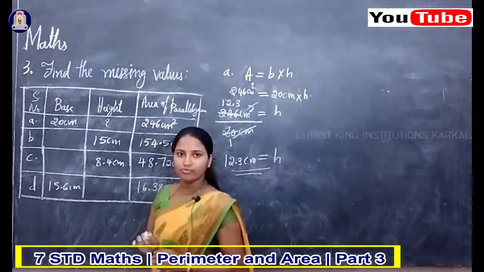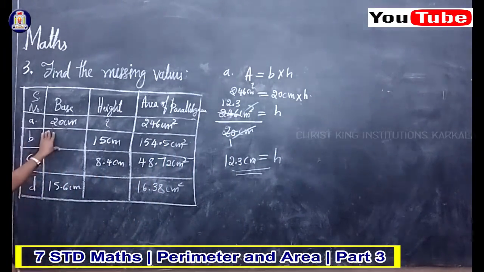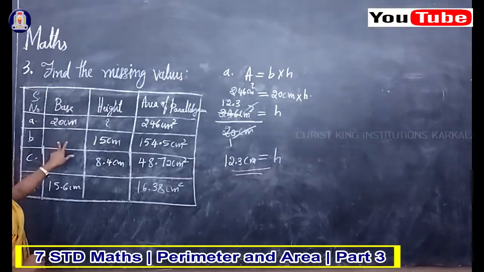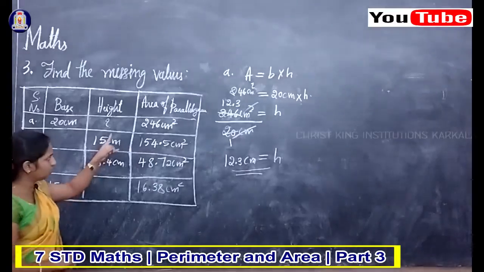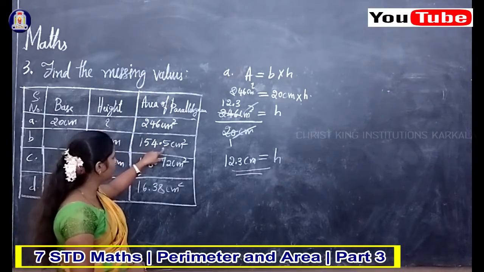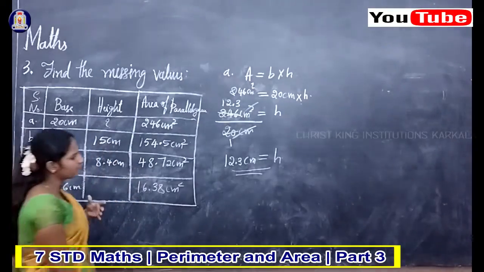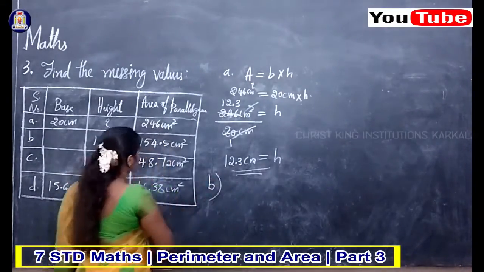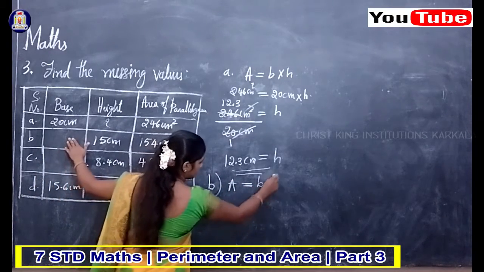Understood now? Okay, now the second one, column B. Base is not given here, you have to find the base. Height is given as 15 centimeter and area of parallelogram is 154.5 centimeter square. Area is equal to base into height.